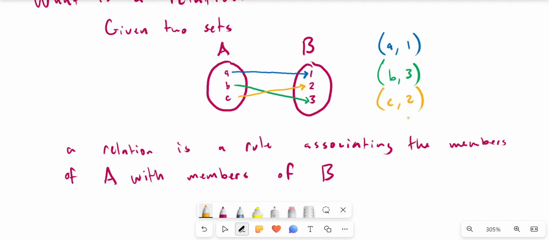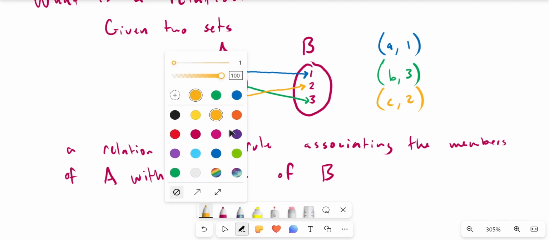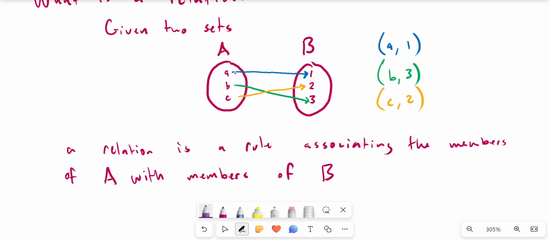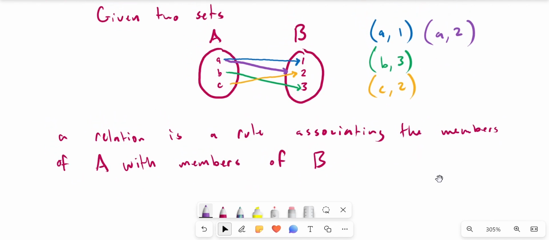Now, in a relation, there is no harm in saying, well, I also want to associate A with 2. I would just write another ordered pair, (A, 2). But this is exactly the kind of thing which is forbidden. Notice also that I've associated every single element of A to an element of B. Nothing got left out.